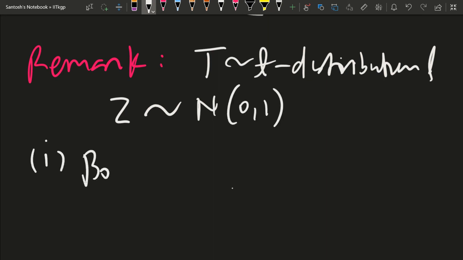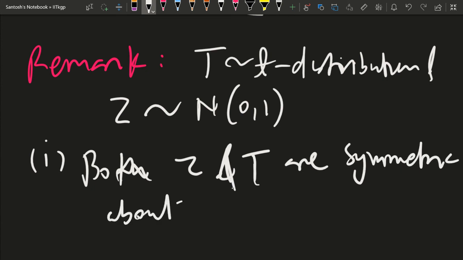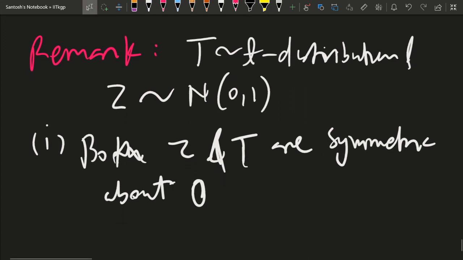The first point is that both Z and T are symmetric about 0, so both have mean 0.